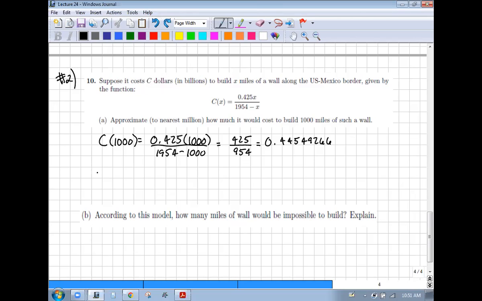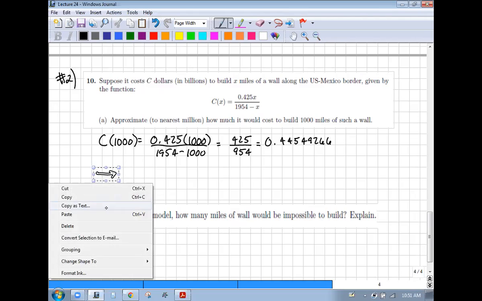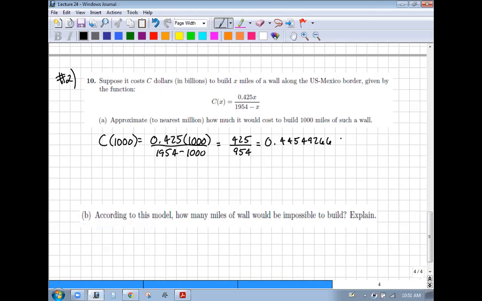But they say this is in billions, right? So we have to multiply this times a billion. What's a billion? That's 1,000, that's a million, that's a billion. So we get 9 zeros. So we move the decimal to the right 9 times.